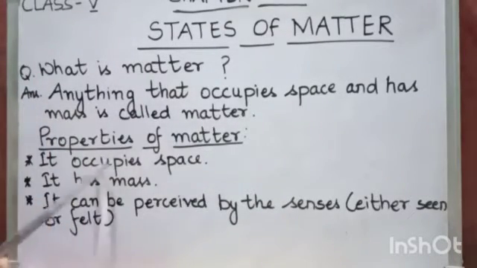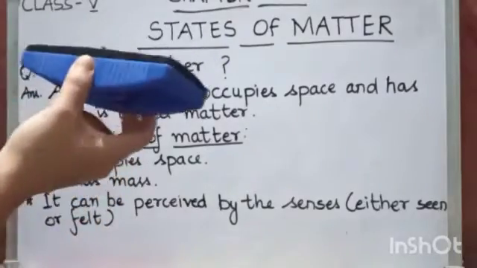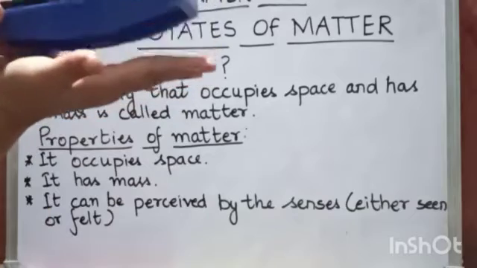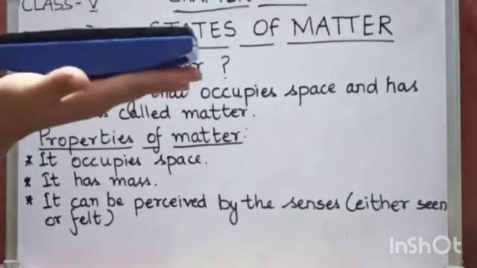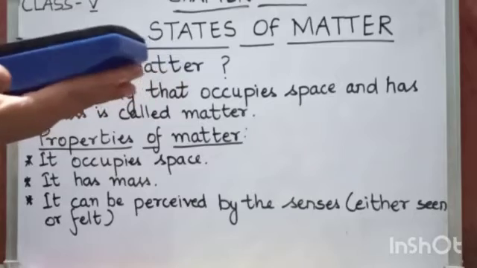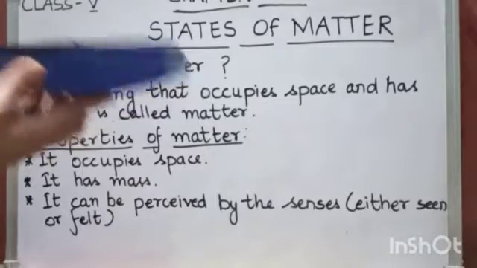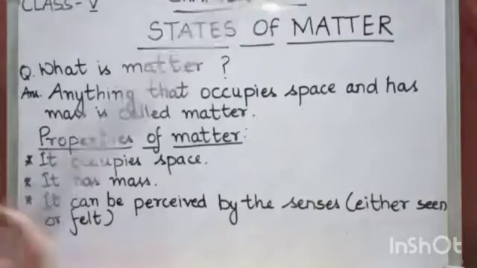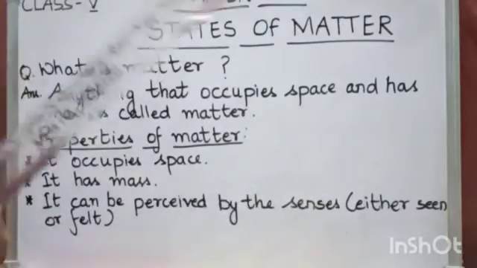Now, the properties of matter are, first, it occupies space. Let's take an example of this duster, okay? This is solid, and if I keep this duster over my palm, then it is covering this much space. And it has got mass also. And the third one is, it can be perceived by the senses. That means that we can see it, we can touch it, we can feel it.